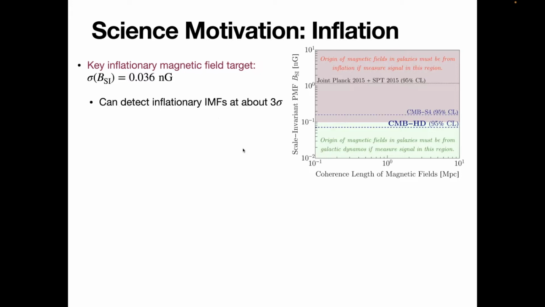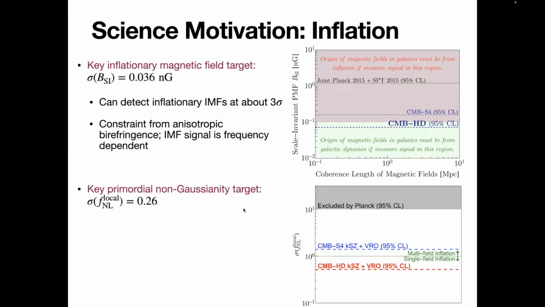So it would be a smoking gun signature of inflation. And the way CMB-HD achieves this constraint is through its measurement of anisotropic birefringence, so through polarization. But what's neat about the signal is that it has this very specific frequency dependence, the nu to the fourth dependence, so you can separate it from any other signature of anisotropic birefringence. So that's neat.